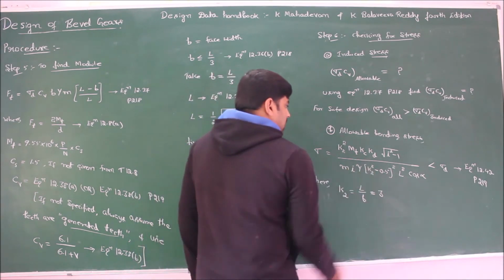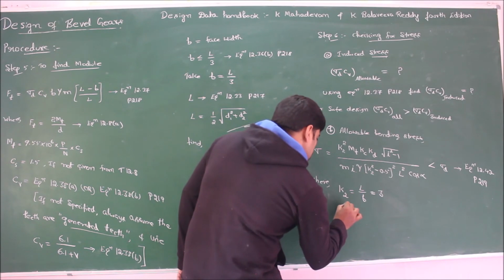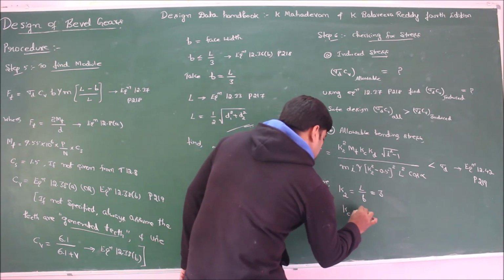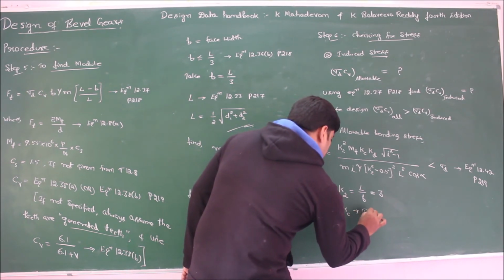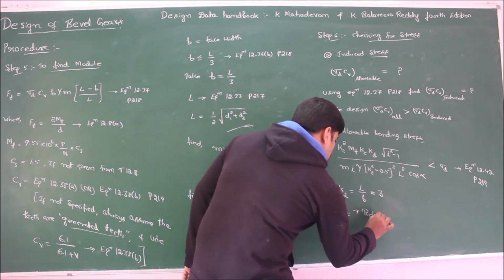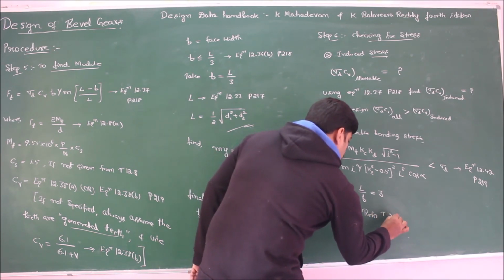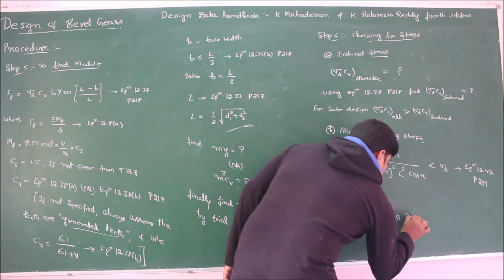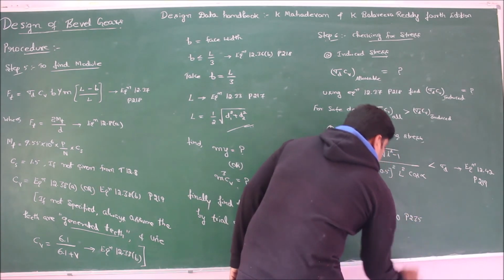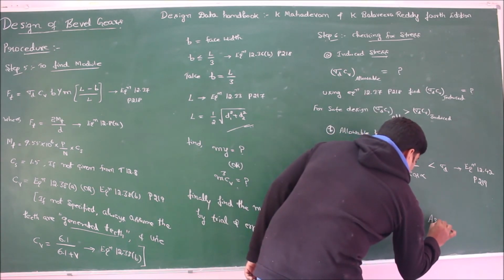Coming for Kc and Kd, for Kc refer table 12.1, page number 235 of the data handbook, assuming cantilever pinion.